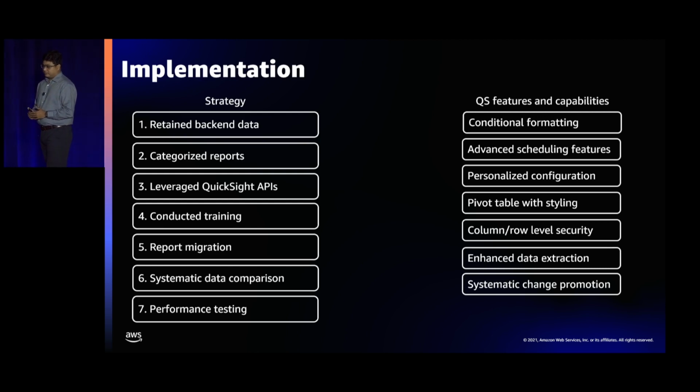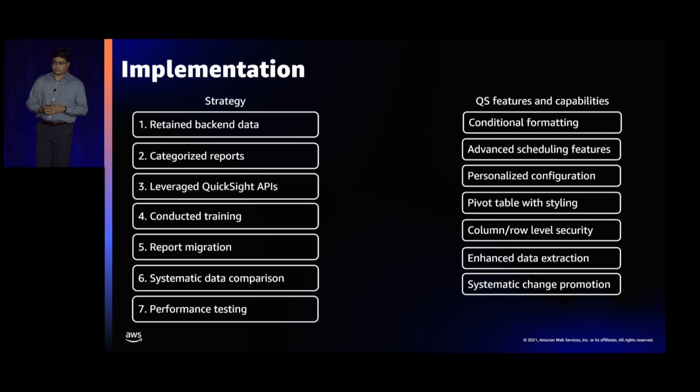Now coming to the user-built reports. For these 1,500 reports or dashboards, the challenge was different. It was not the complexity. The challenge was with the volume and how fast we could move this volume to QuickSight. So we took a different approach.